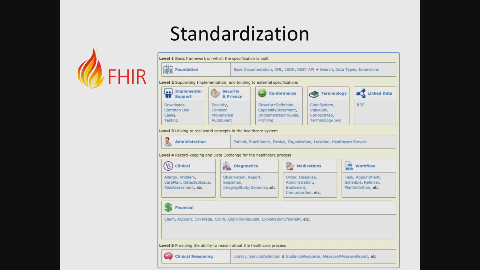In this standard, it will use many of the vocabularies I mentioned to you in the previous slides to encode diagnoses, medications, allergies, problems, and even financial aspects that are relevant to the care of this patient.